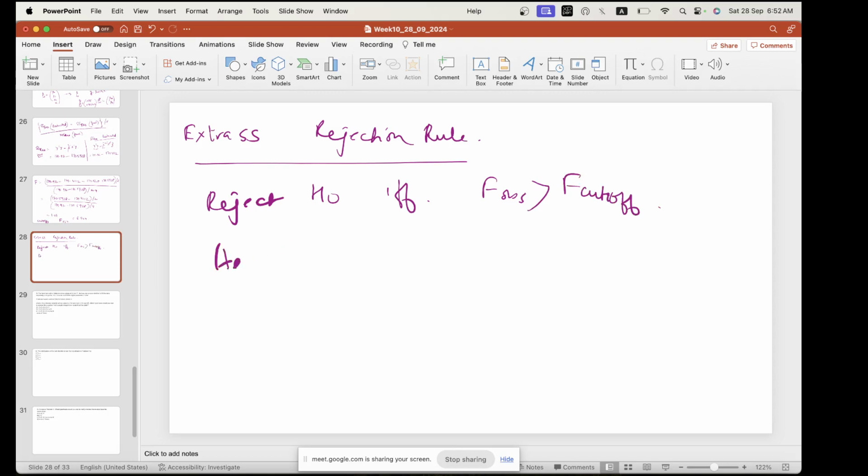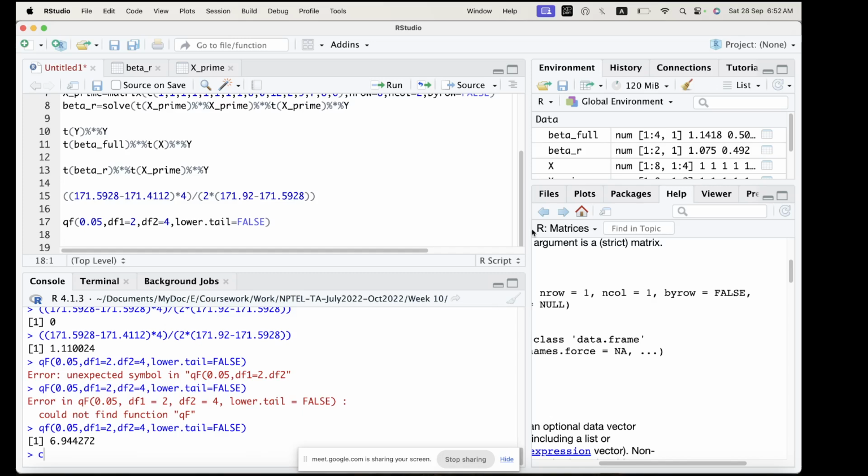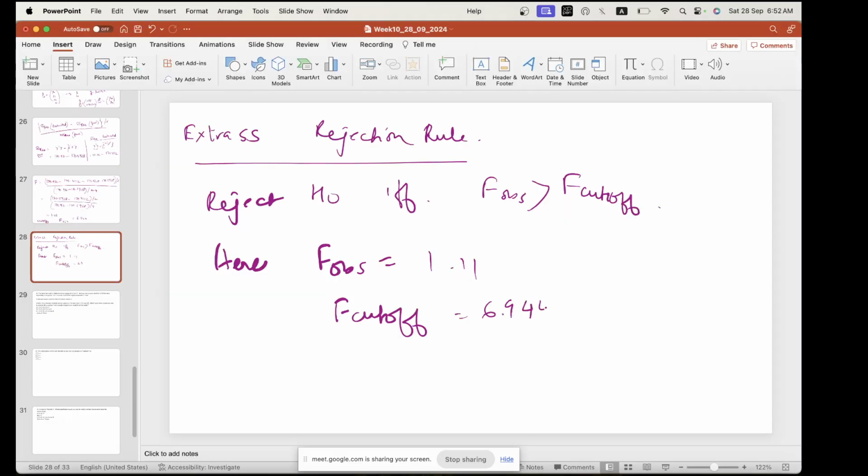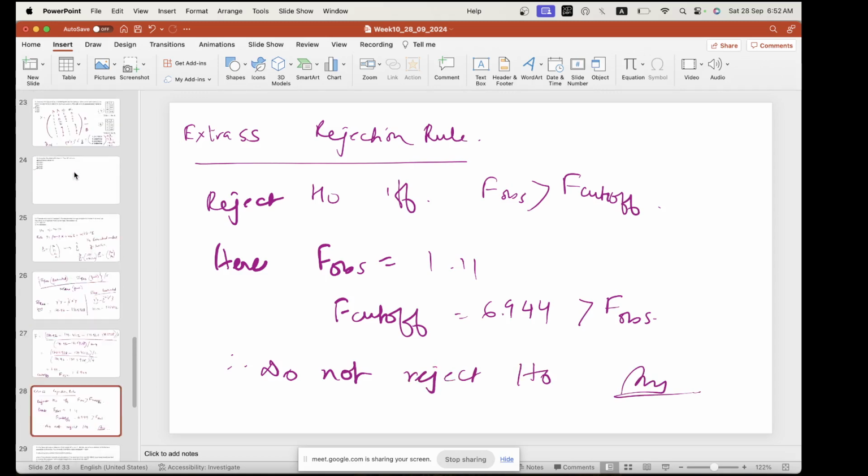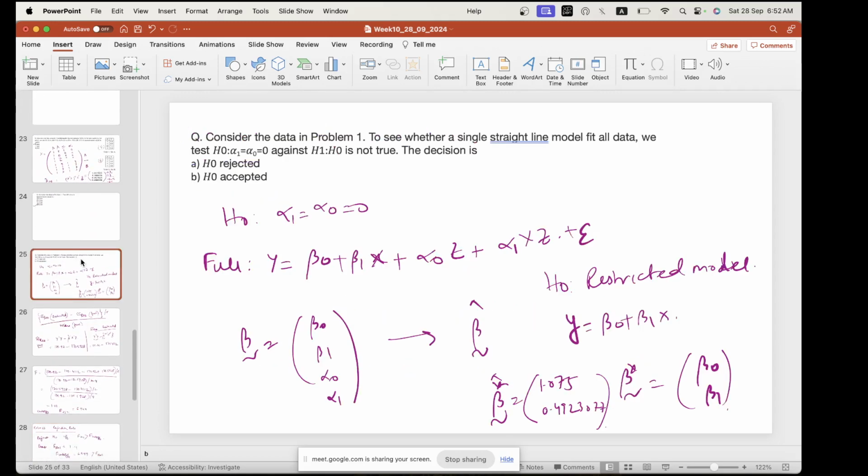So here F observed is 1.11 and F cutoff is 6.944, which is way greater than F observed. Therefore, we do not reject H naught, and that is our answer. So H naught is accepted.